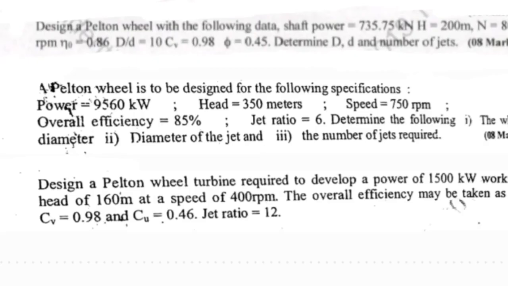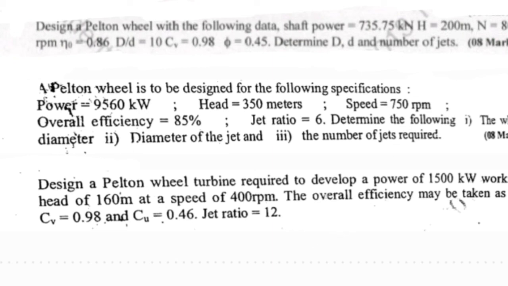These are the other questions from the question paper regarding the design of Pelton wheel. In all these questions, shaft power is given, speed is given, overall efficiency is given, head is given, and jet ratio is given. In the first question they have given the D by d ratio as 10.